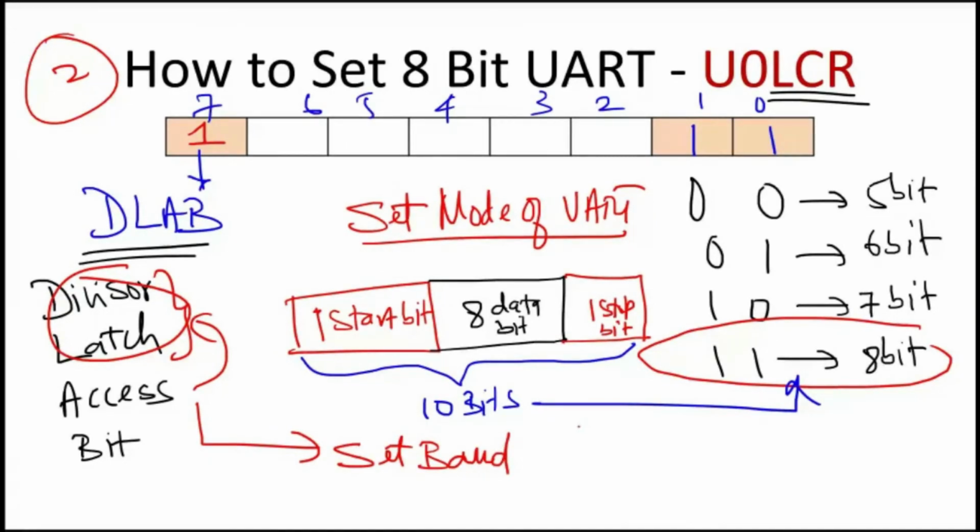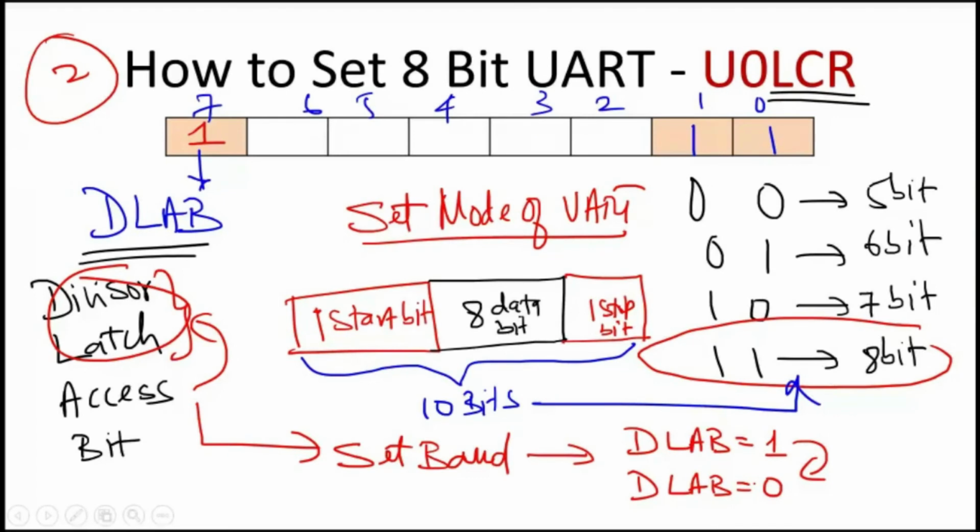So if you want to set the baud rate initially, make DLAB as 1. Once the baud rate setting has been done, make DLAB as 0. Why do I have to make DLAB equal to 0? If you don't put DLAB equal to 0, then you cannot read data from UART.